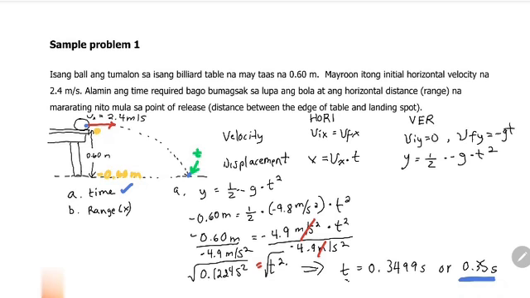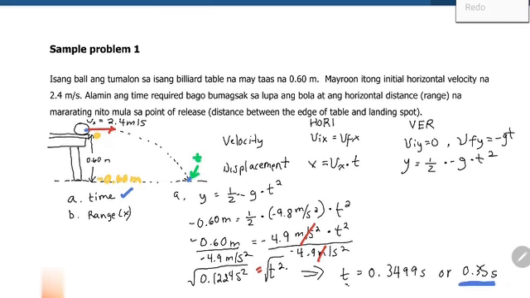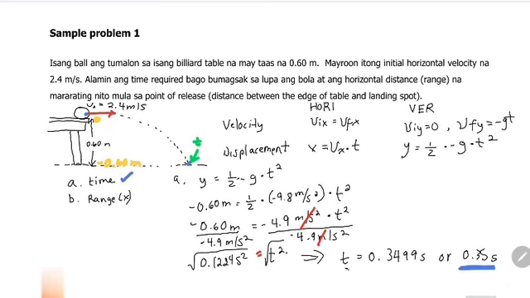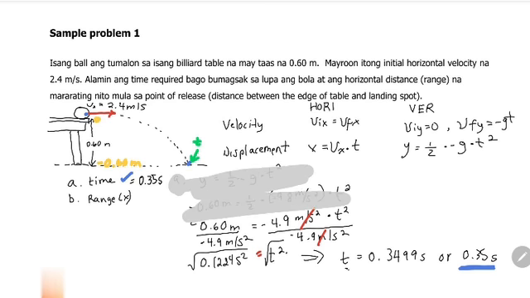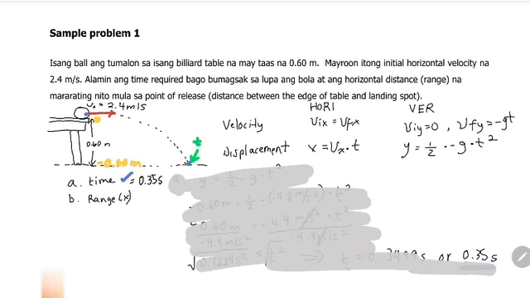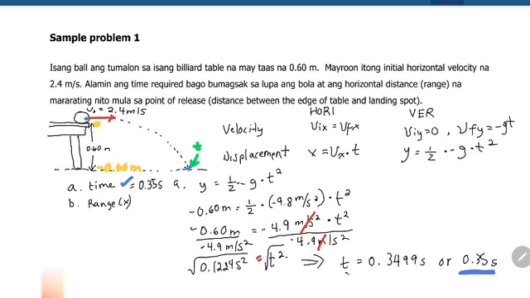Okay, let me just remove this because I have no more space. So let's record time. Time is 0.35 seconds. Okay. Now, what equation should we use in order to solve for the range?